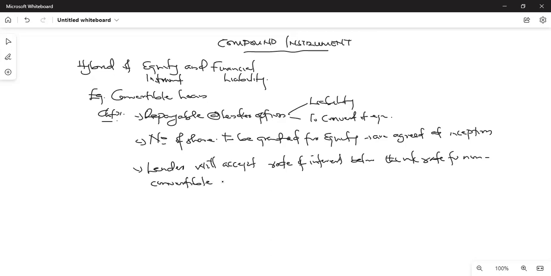The lender will accept a rate of interest that is below the market rate for non-convertible.